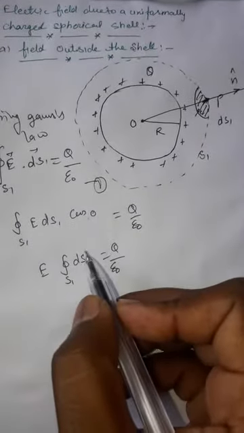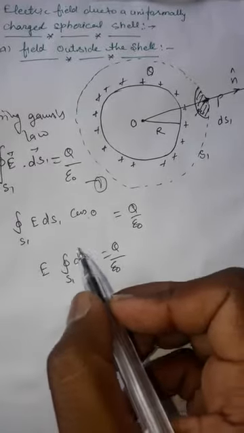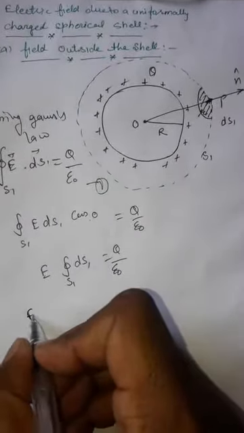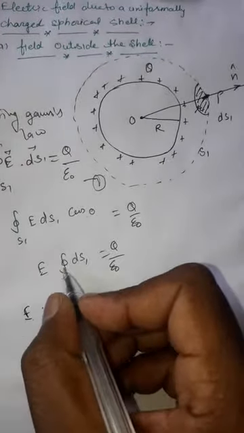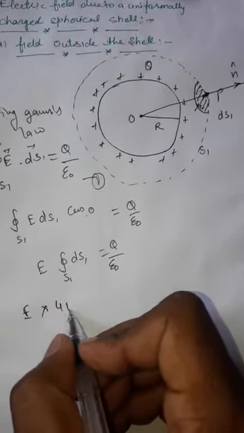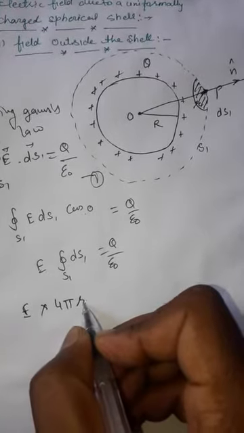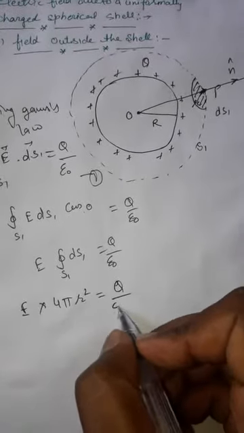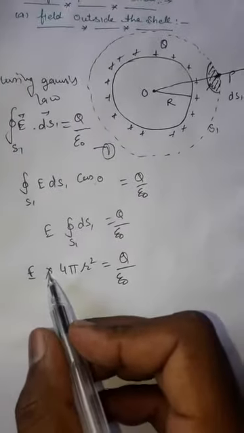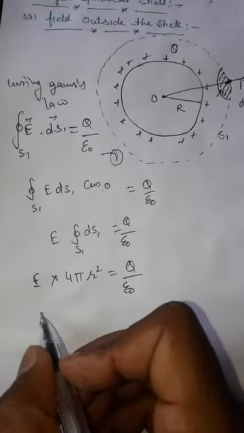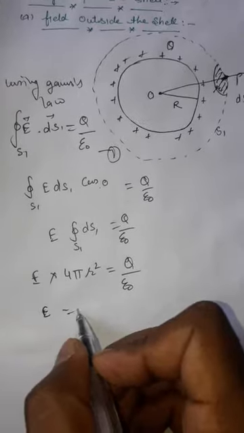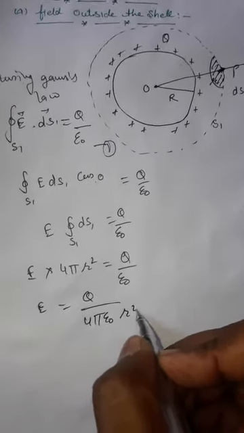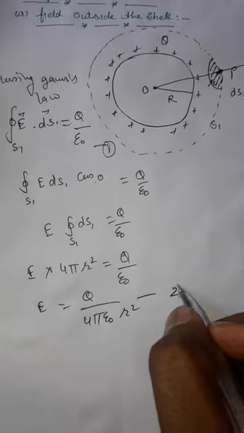The integration of these small surfaces gives the total surface area of the sphere. So we can write E into the total surface area, that is 4 pi r square, equal to q by epsilon naught. So the electric field is E equals q by 4 pi epsilon naught r square. This is equation 2.